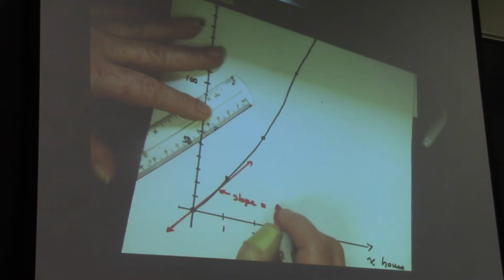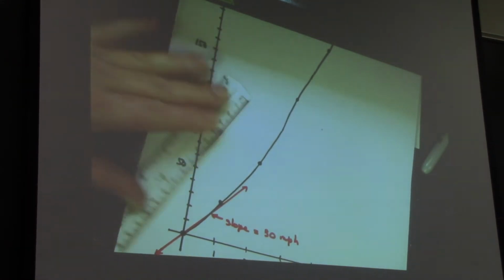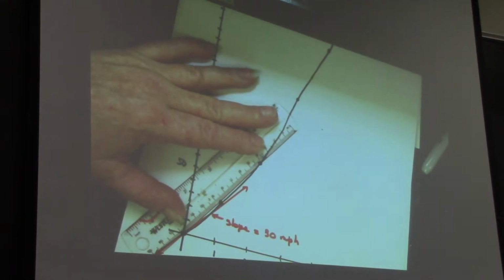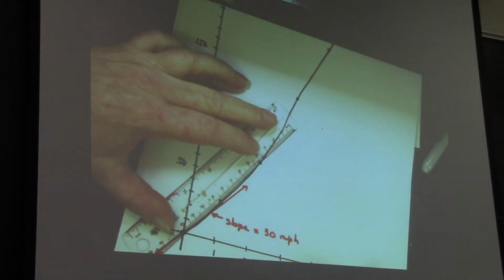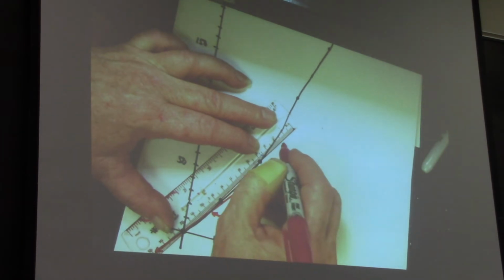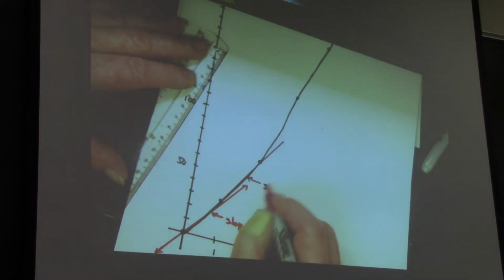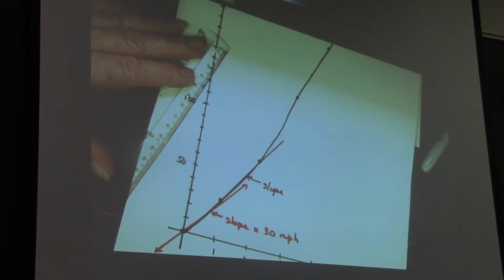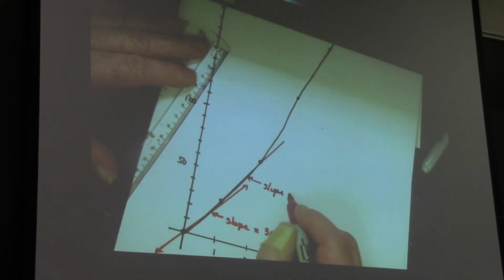That slope is 30 miles per hour. Okay? I didn't calculate this, but if I want to know how fast we were going during the second hour, just from time 1 to time 2, or 1 hour to 2 hours, then the slope of that line is how fast we were going, and it turns out to be 40 miles per hour.